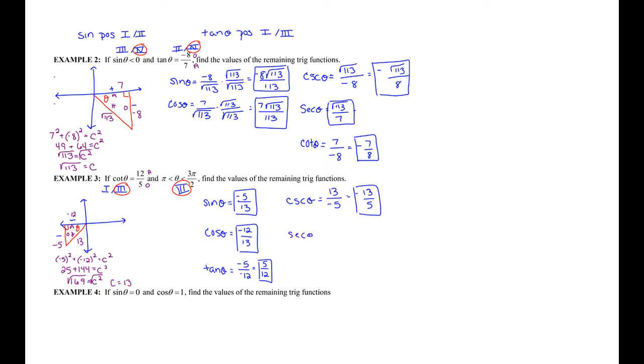And again, I'm just going to relocate the negative from the denominator to out front of the fraction. I don't have to list cotangent of theta because it was given to me in the problem. Please make sure that you understand each part of this problem before looking at the next example. We will be skipping example number 4, so when you're ready, please look at example number 5.